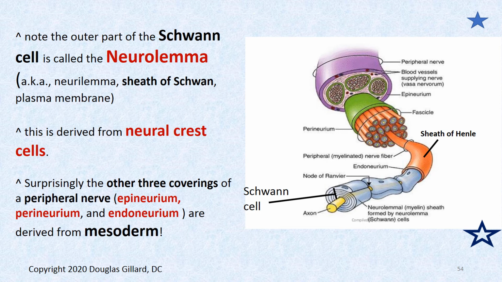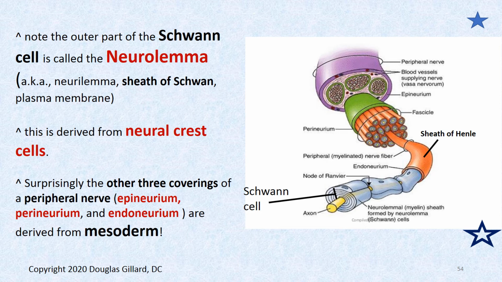There are gaps called nodes of Ranvier. This is covered by a plasma membrane, so the Schwann cell and its plasma membrane are both made by these neural crest cells.